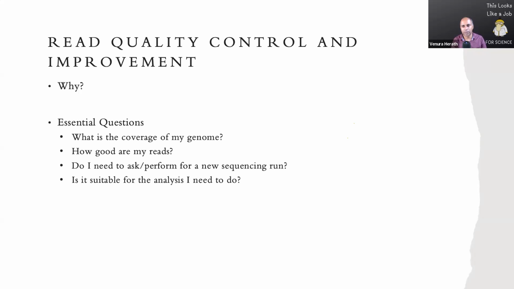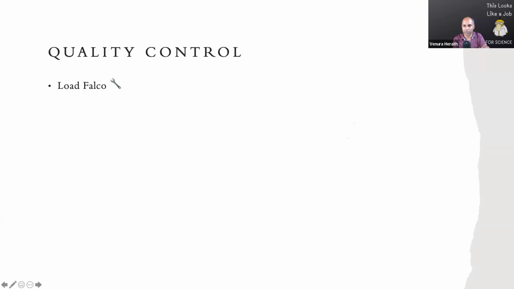And also, whether it will fit with our specific analysis, because sometimes if we are studying variations, we need a very high quality sequencing output compared to basic genome assembly. If we are trying to identify very specific variations, and our sequencing results are messy or fuzzy, it is going to create problems. So therefore we are going to do the quality control.